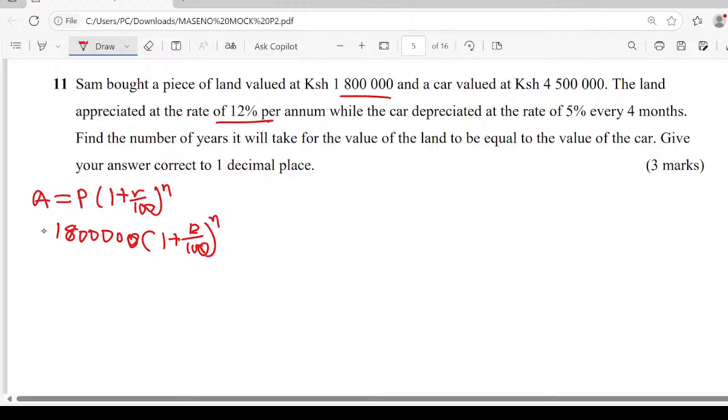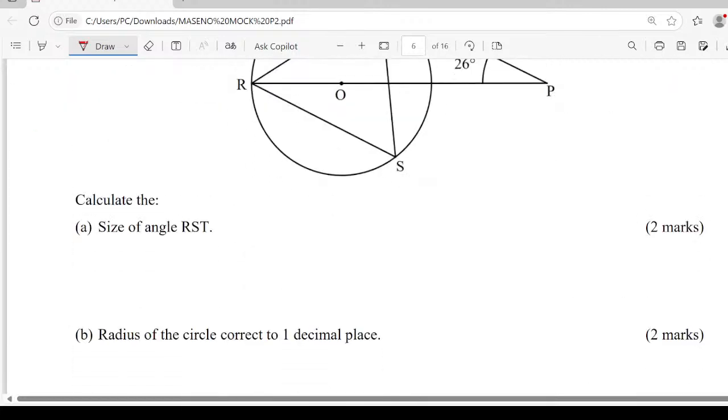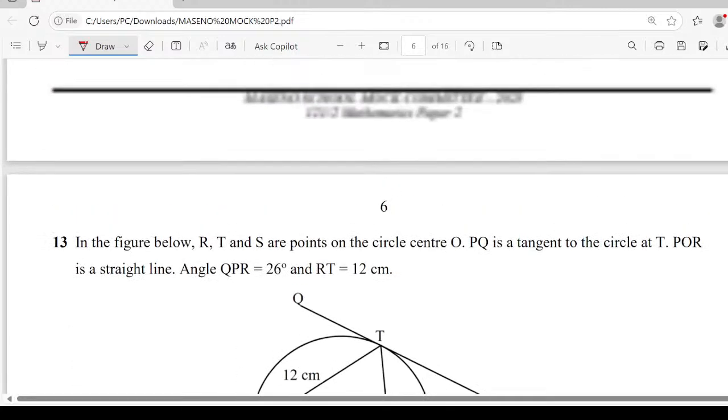So this will be the amount of the land after n years. This is now going to be 1,800,000 into 1.12 power n. That is for the land, because the land tends to appreciate in value.